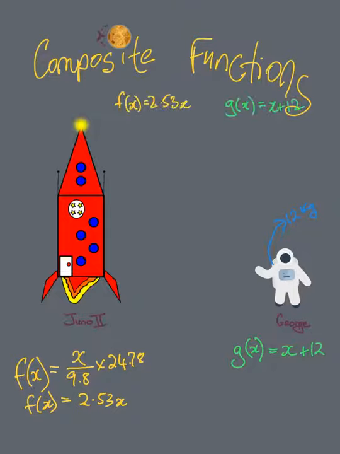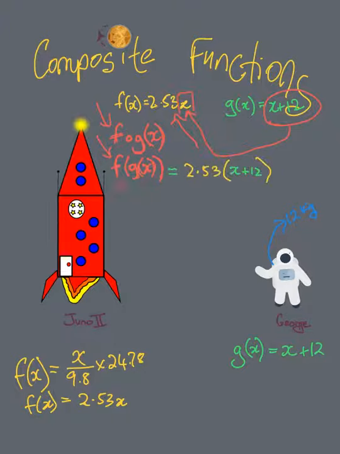So to get a formula for the weight of an astronaut landing on Jupiter, which takes into account the gravity and the weight of his astronaut suit, we need to do the composite function of f and g. And that could look like either of these two equations. f of g of x. So in order to get the entire weight, we need to take this and put it into this function here, into that x.